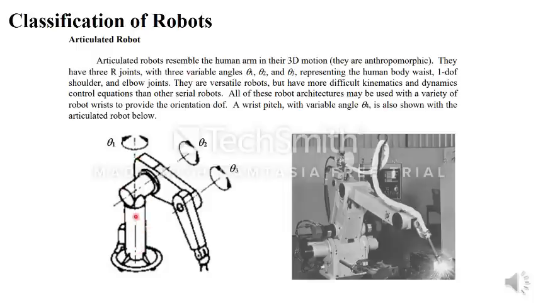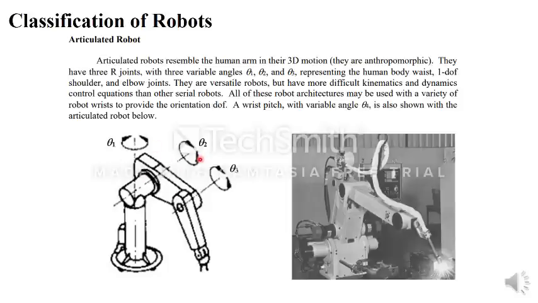Can you see the z axis? It revolves by θ1 about the z axis. If you take this as the y axis, it revolves around the y axis, and here it also revolves around a y axis. So what is the degree of freedom for this robot? The degree of freedom is how many joints it has. It has 3 joints: 1, 2, 3. So it has 3 degrees of freedom.